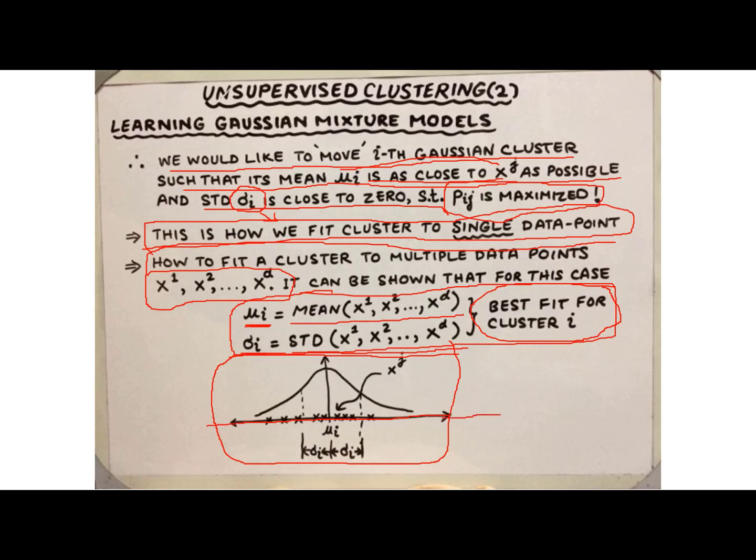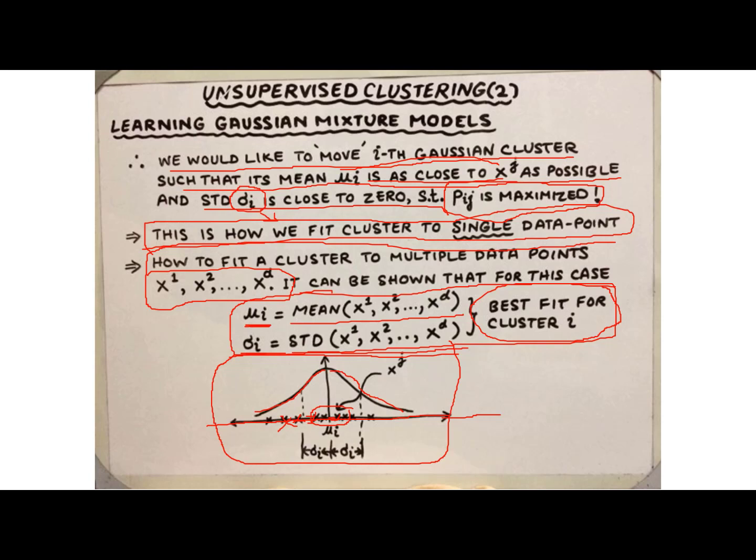And the Gaussian cluster that we have fitted to these data points is shown by the crosses here. There are a lot of data points in this region, so the cluster is centered here. The highest value, the mean value, is centered where we have a large number of data points.